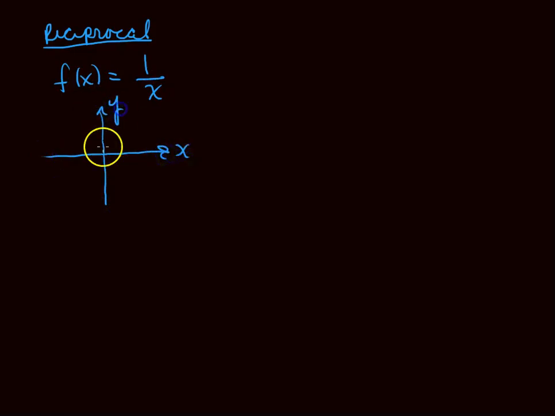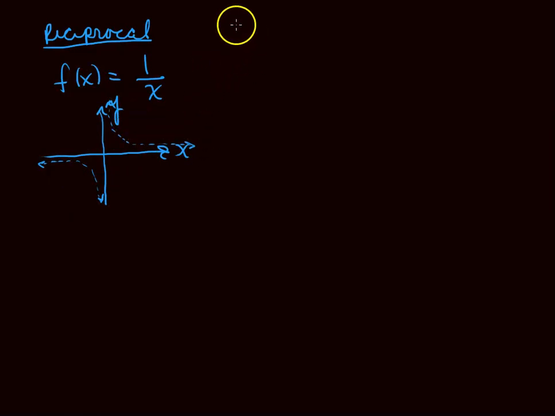Not so squiggly. In the first quadrant, it does something like this. It approaches the x-axis, positive x, and the positive y. It also approaches in the third quadrant the negative y-axis and the negative x-axis. In fact, the axes are what we call asymptotes. But it's these dashed lines that is the reciprocal function.